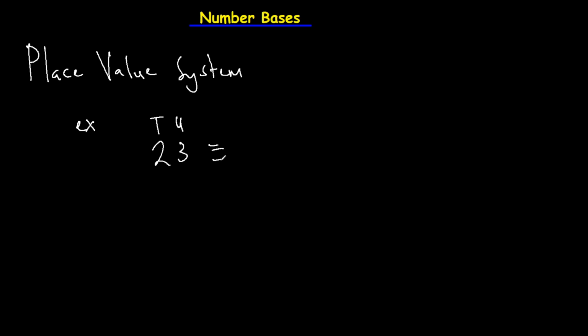So, since 3 sits on the unit side, whenever we're talking about units, we have 1 unit, or we can also say that 1 unit is 10 raised to the power 0 because it's in base 10. So this is equivalent to 3 times 10 raised to the power 0, plus the 2 is on the tenth side, and the tenth side also means 10, or 10 raised to the power 1.